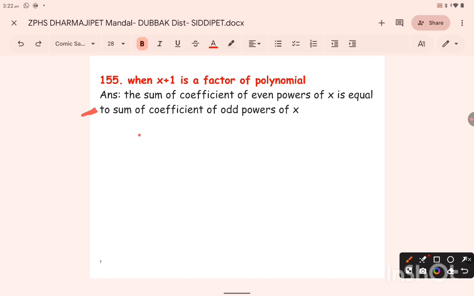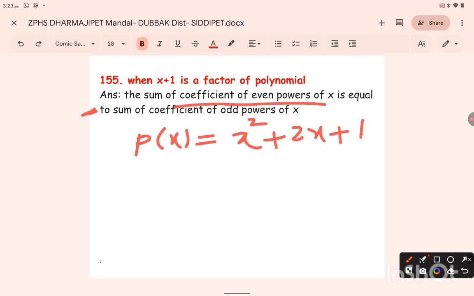Suppose, for example, p of x is equal to x square plus 2x plus 1. So when x plus 1 is a factor of the polynomial, what condition is given here? The sum of the coefficients of even powers of x is equal to the sum of the coefficients of odd powers.